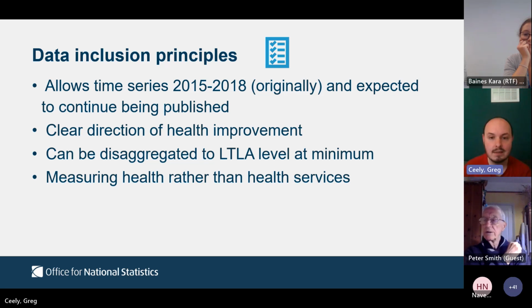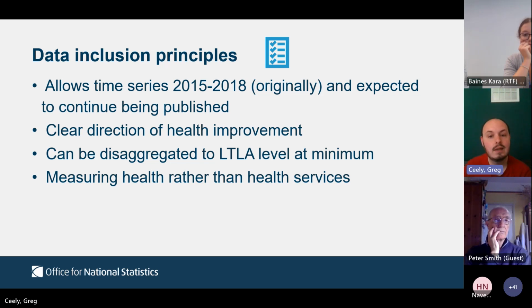A couple of particularly important ones I want to highlight are the need for us to measure health rather than health services. By this I mean, if an existing metric is too tied to health service activity, it might measure changes in service rather than a change in population health, which was not suitable for our needs.